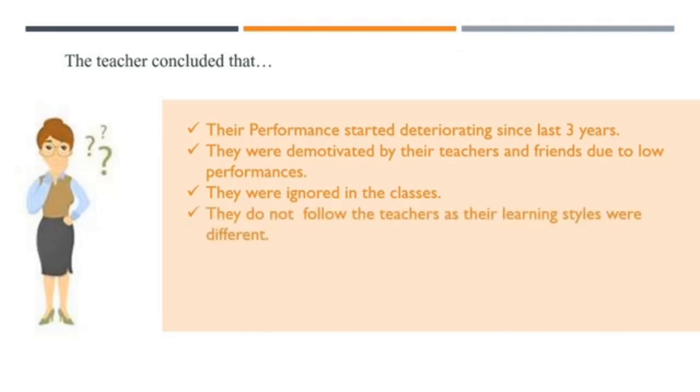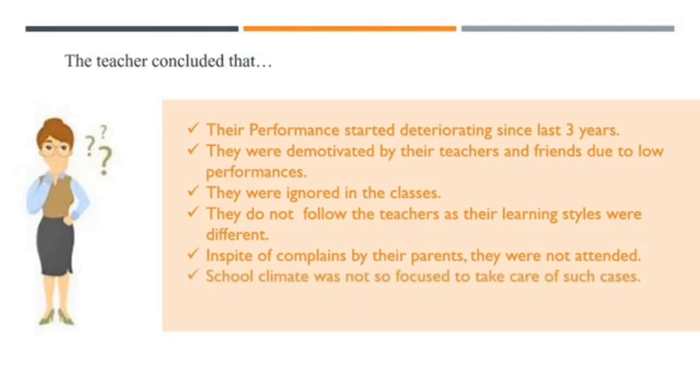They do not follow the teachers as their learning styles were different. In spite of complaints by their parents, they were not attended. School climate was not so focused to take care of such cases. Required coordination was not found among all the stakeholders.